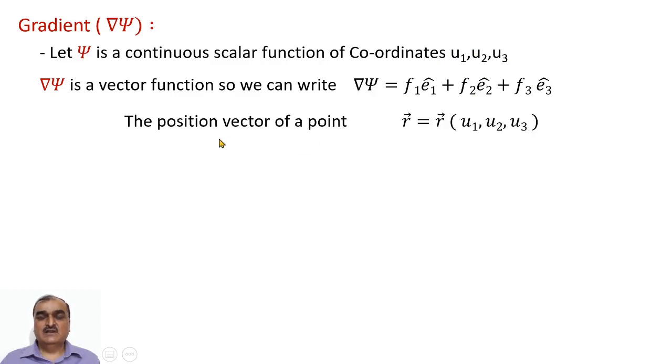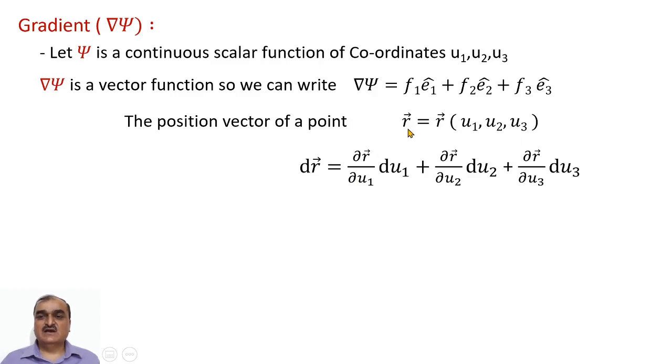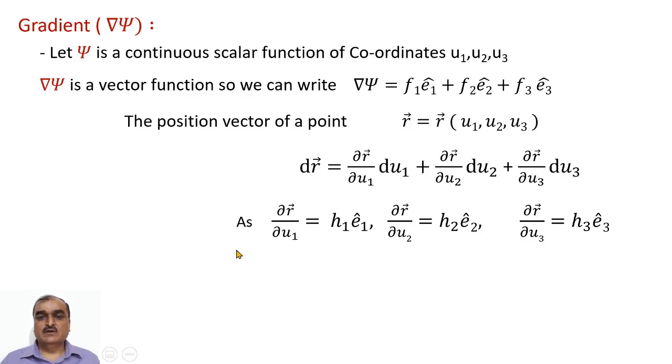For this, let the position vector r bar be a function of u1, u2, u3. Then the differential, the displacement vector dr bar, is equal to del r bar by del u1 into du1 plus del r bar by del u2 into du2 plus del r bar by del u3 into du3.